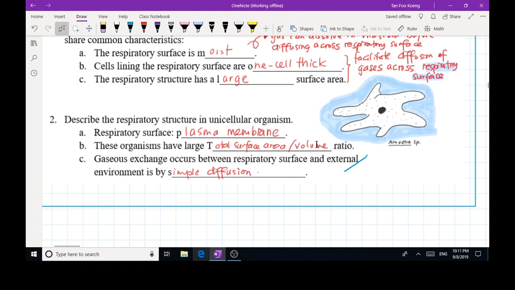We, on the other hand, are multicellular organisms. We have a low TSA over V ratio, so that's why we need a respiratory system, and amoeba do not need a respiratory system to help them to breathe. So basically the oxygen and CO2 diffuse across the plasma membrane by simple diffusion, so they are able to sustain this way.